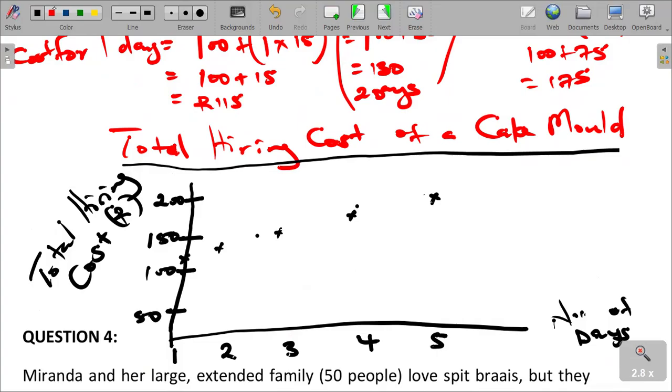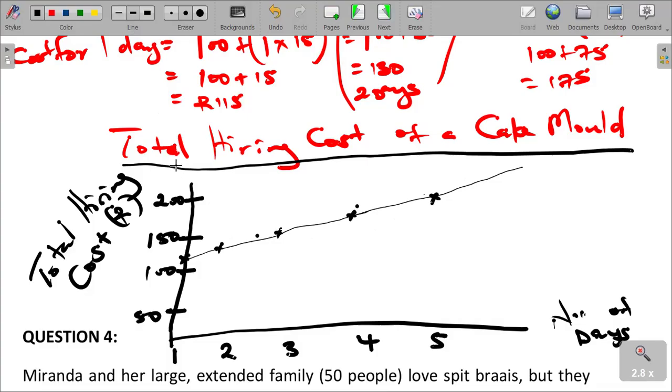So I'm going to draw my graph, which is just marking these points and connecting them clearly. I'm just drawing my graph connecting the points there.